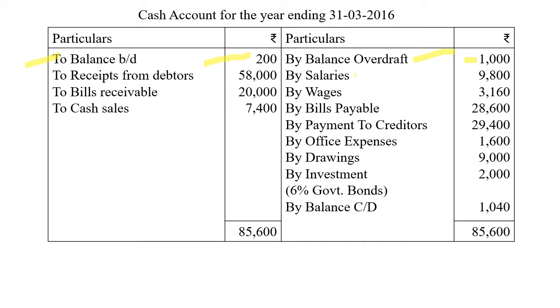Then the expenses: salary, wages, bills payable, payment to creditors, office expenses, drawings, investments made, and they have mentioned the percentage of investment, that is 6%. That means we have to calculate the interest on investment. And closing balance 1040, and on the debit side receipts from debtors, bills receivable, then cash sales.